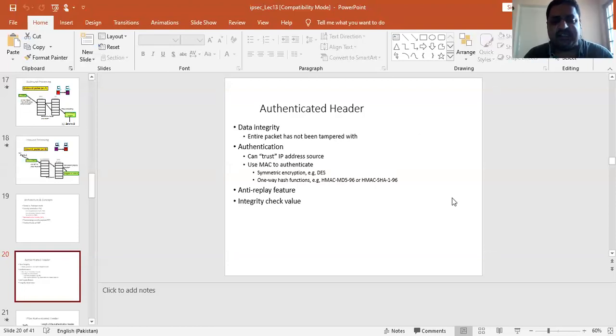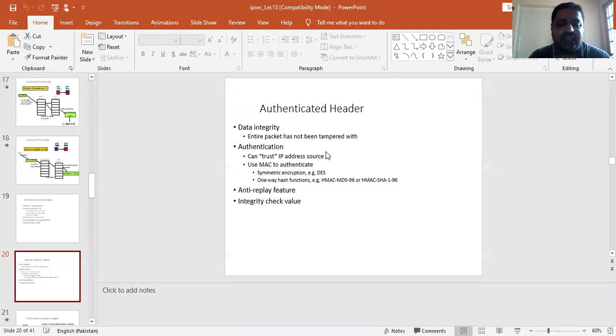Okay, so we are discussing how the authentication header is used to provide authentication to the data, or to identify tampering of the data, or to identify if any data is modified by the intruder or by the attacker.